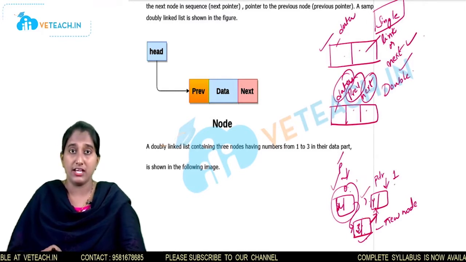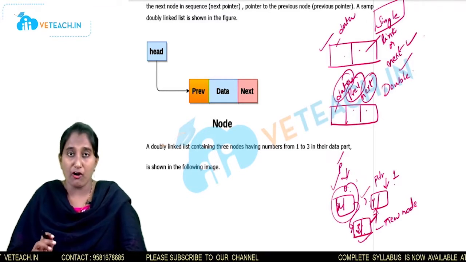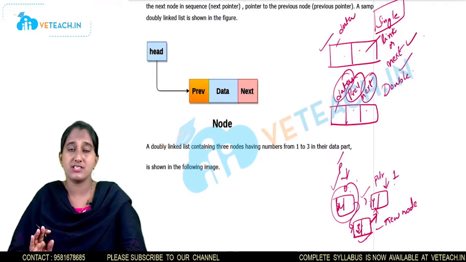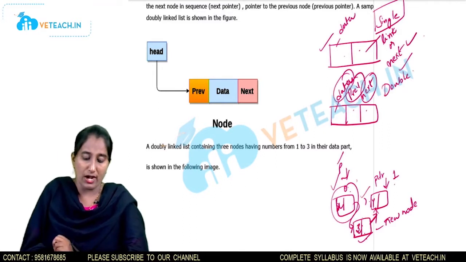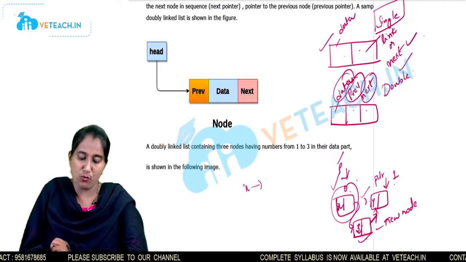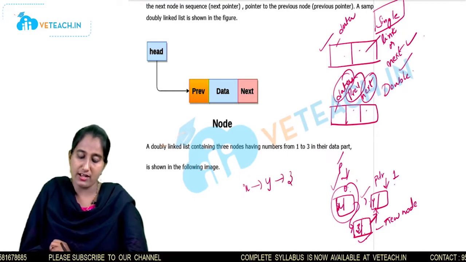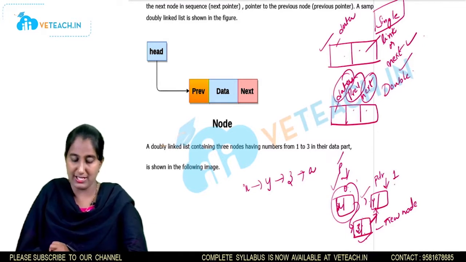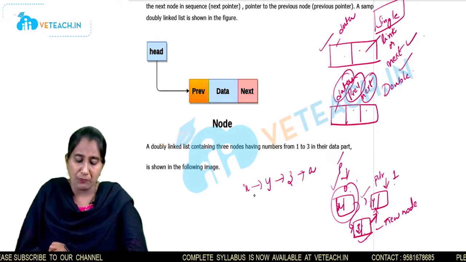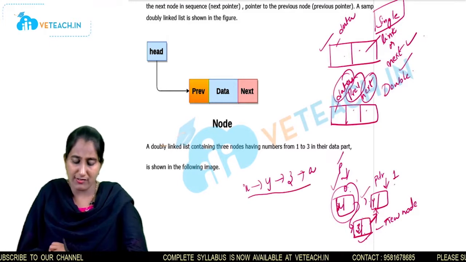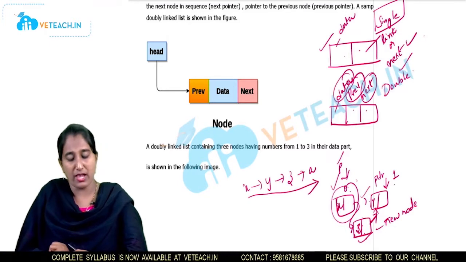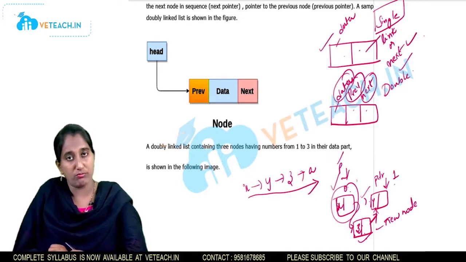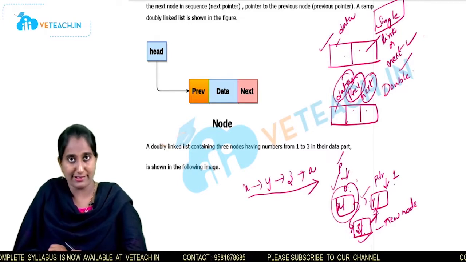Here only forward tracing has been implemented. Once you go from X to Y, Y to Z, Z to A, for example, this is the single linked list. Once you trace one time from X to A, is there any path to travel backside? No, there is no path to travel backside.